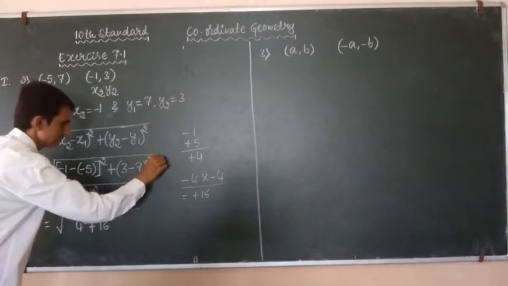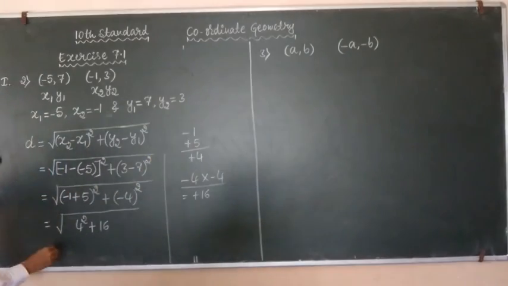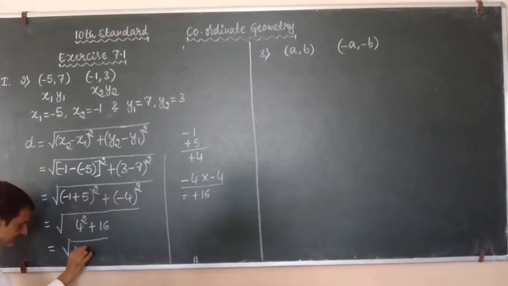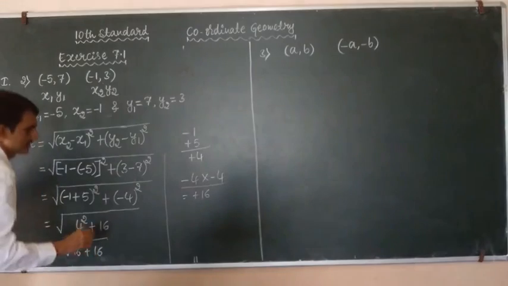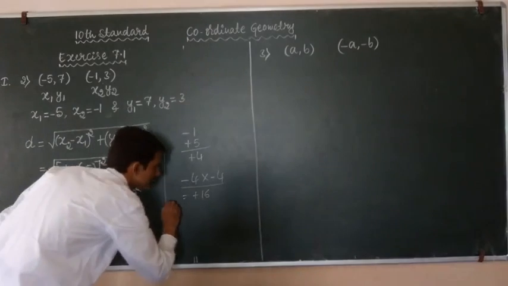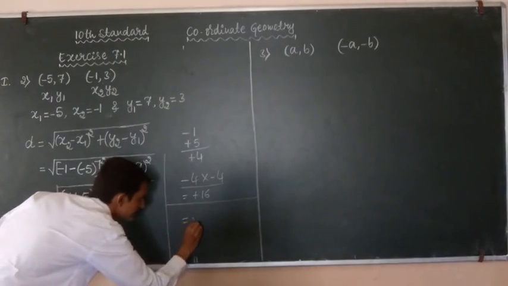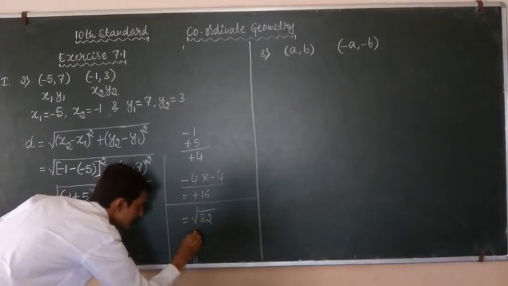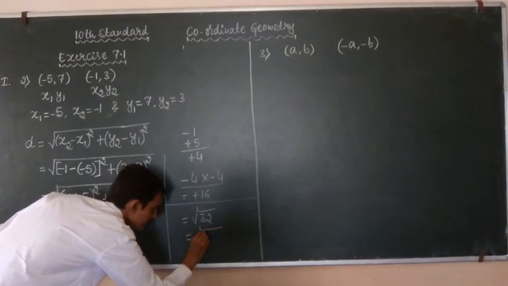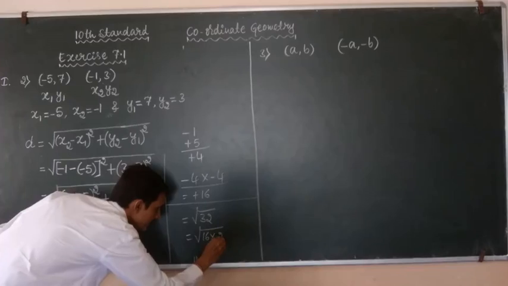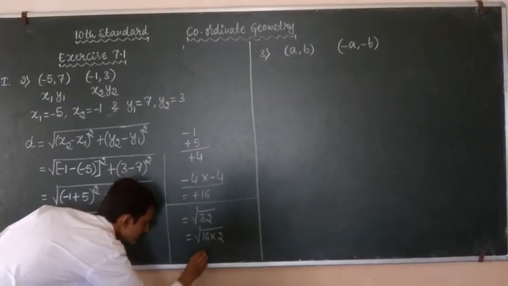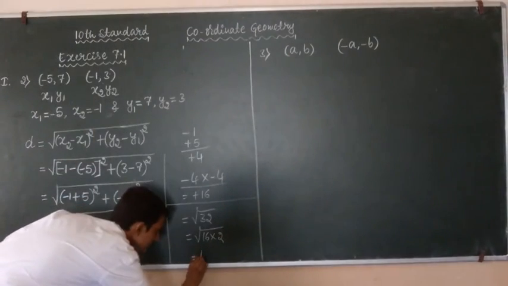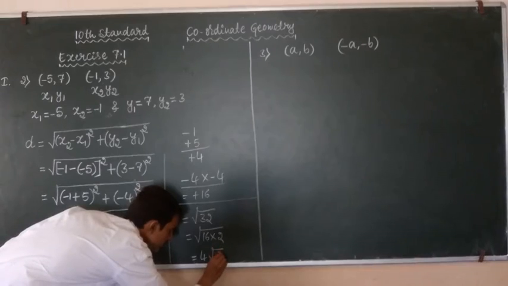Once again, if you simplify this, it will be 4 fours are 16 plus 16, which is equal to 32, or this can be written in the simplified form 16 into 2. 16 is a square number of 4, so root 2.